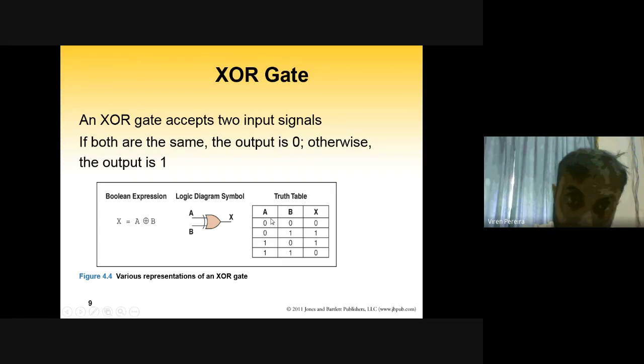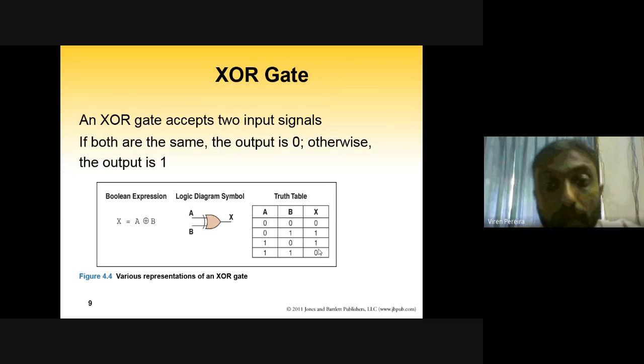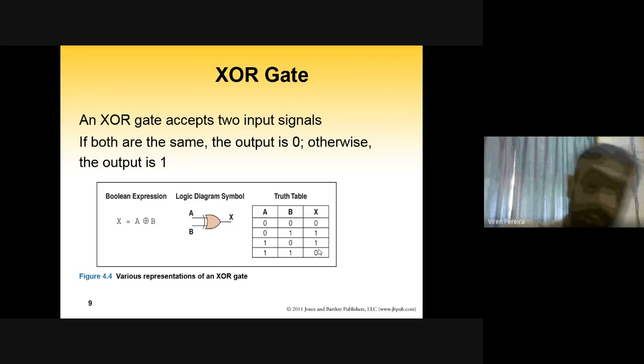Now let's see the truth table. If we give A 0 and B 0, we get an output of 0. Then 0 plus 1 gives 1, and 1 plus 0 gives 1. Finally, for the last one, 1 plus 1 gives us 0. In a normal OR gate, 1 and 1 would give us 1, but here, if both inputs are ones, it gives us 0.